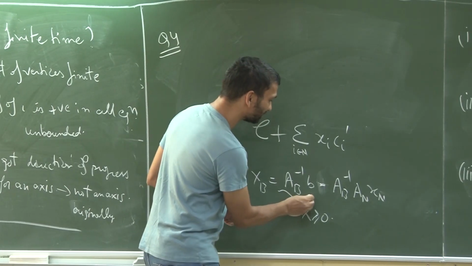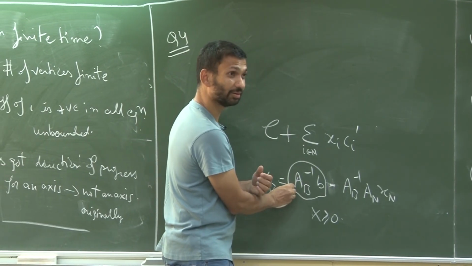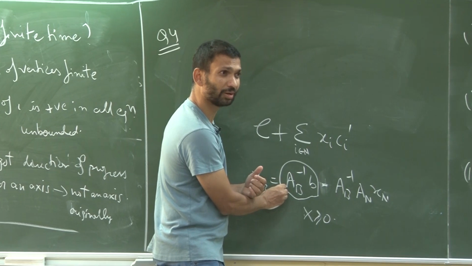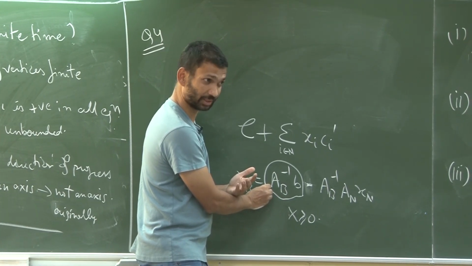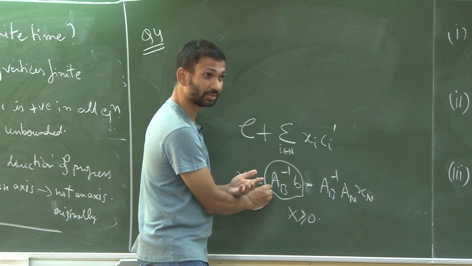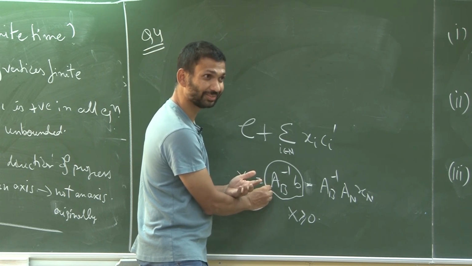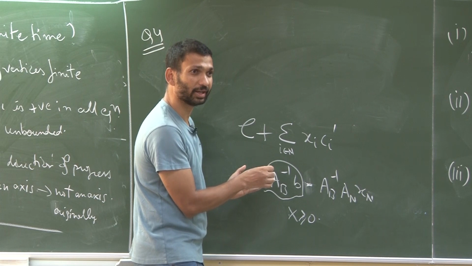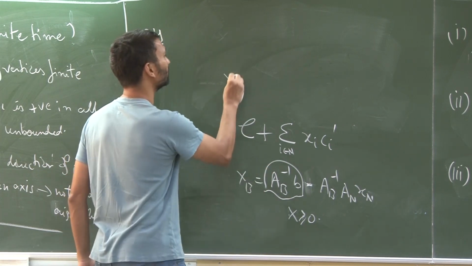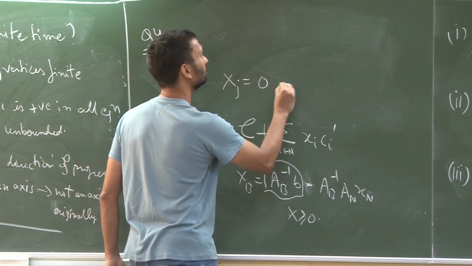I said this is positive or, right? So is it positive or is it non-negative? That's the only thing I know. It is non-negative. So what if my equation looks like xj equal to 0?